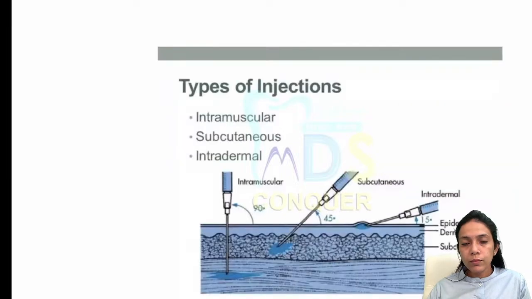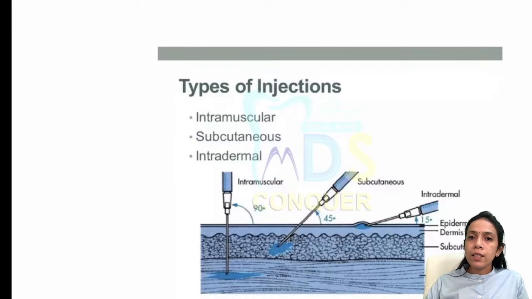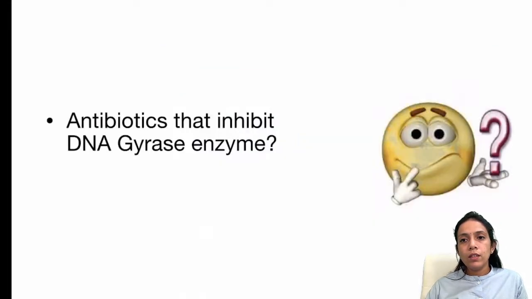Very good, students. It is around 15 degrees. So for IM it is 90, for subcutaneous it's 45 and intradermal is 15. Okay, good. Now next question.